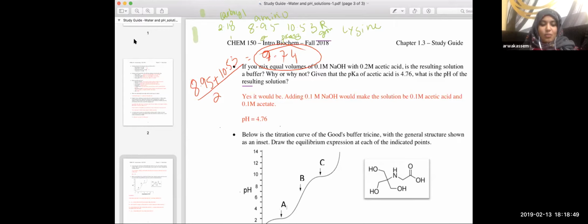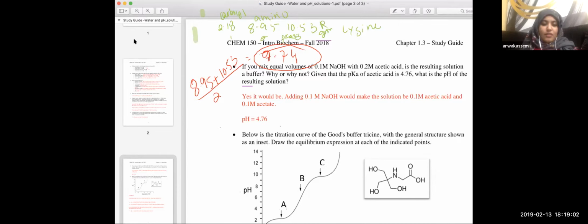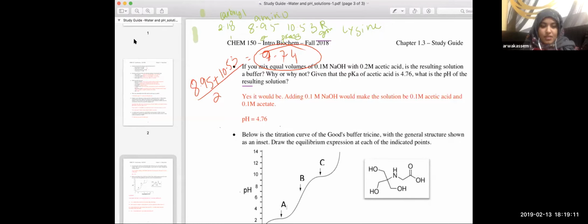Hold on, 8.95 plus 10.53 divided by 2. Yeah, 9.74. I think I have something wrong with my calculator then. Yep, it's 9.74.